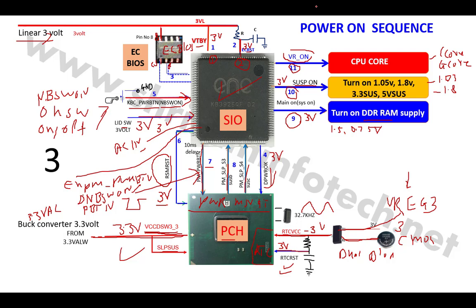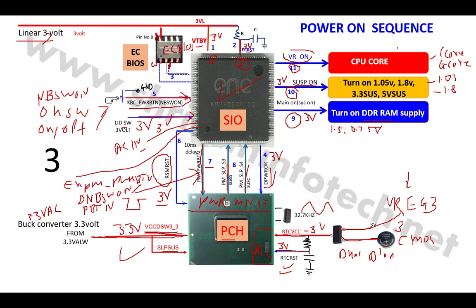So the SIO will generate this VR on signal and turn on the CPU core voltage, and if there is a graphics core also, then the graphics core voltage is also turned on. The graphics core voltage depends on the generation. Some laptops don't require a graphics core voltage, some laptops do. So it depends on the generation.